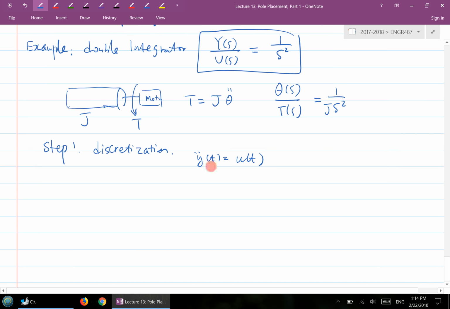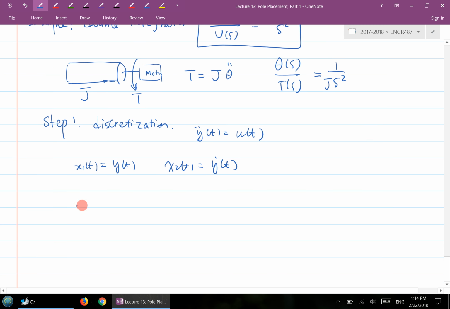And then we can choose our state variables. I'm going to choose my first state variable as the position, and the second state variable as the velocity. It's a very common selection of the state variables. Then you can write down the continuous state space model. I'll skip a little bit of detail here, you can try yourself.